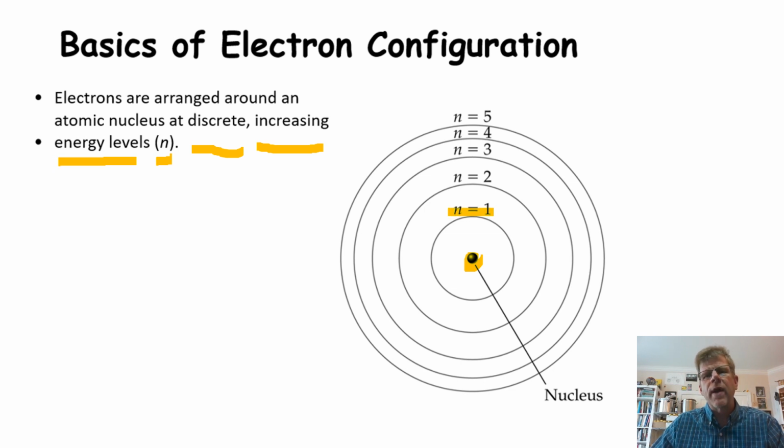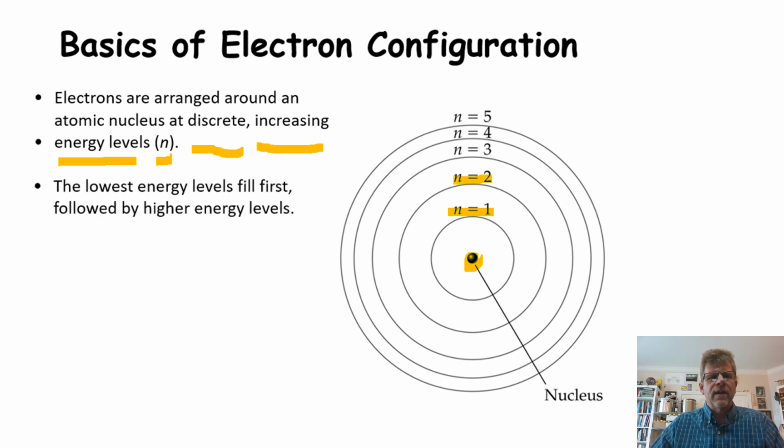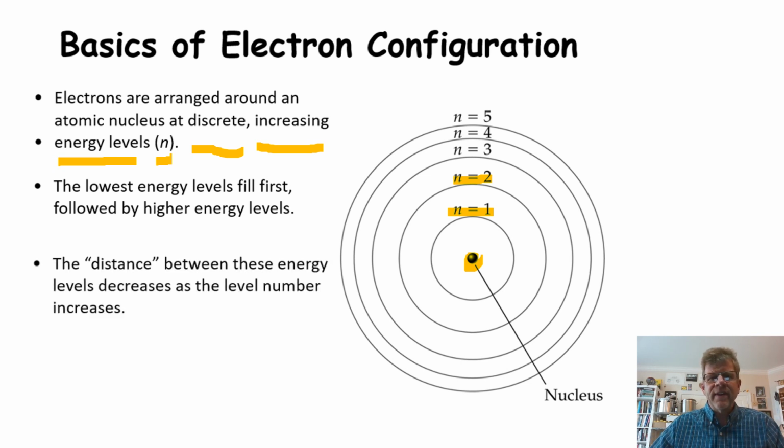N equals 1 means that we fill up an energy level before we move on to the next energy level. We fill the lower ones first, followed by the higher ones, and as each of these is successively filled, we go to the next higher energy level, depending on how many electrons are in a particular atom.